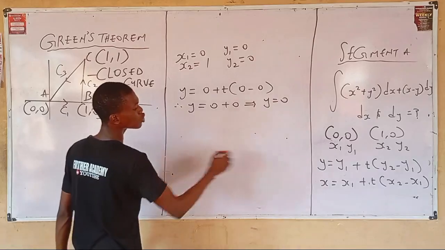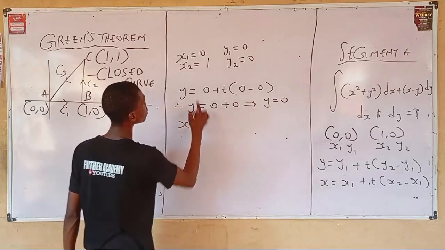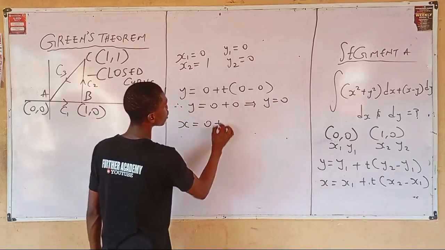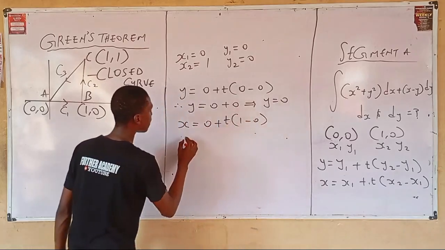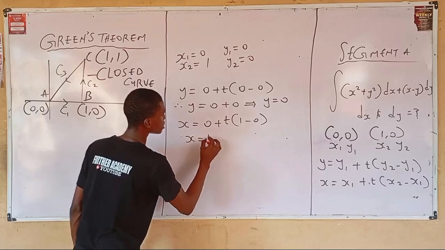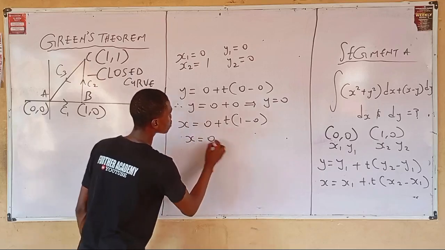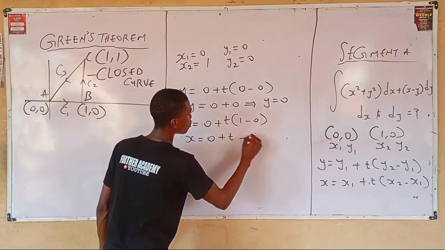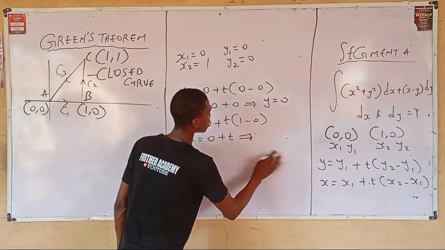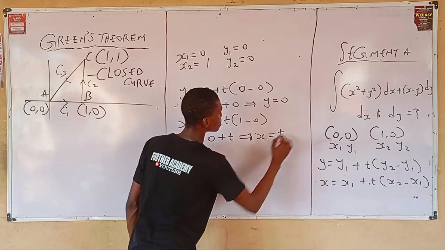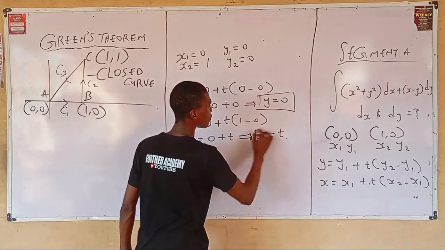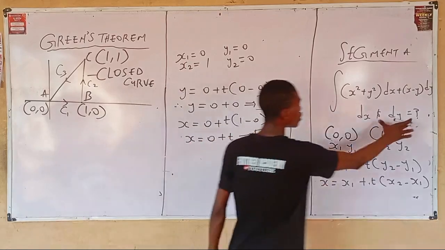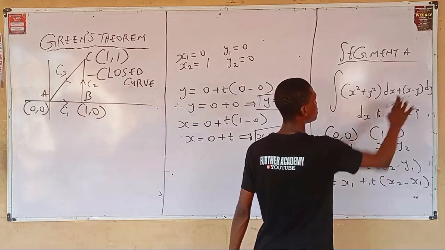Now, equation 2, meaning x equals x1, 0 plus t all into bracket 1 minus 0. I have that x is equal to t. This is the function of y and this is the function of x. Back to the unknown, I need the dx and I need the dy.